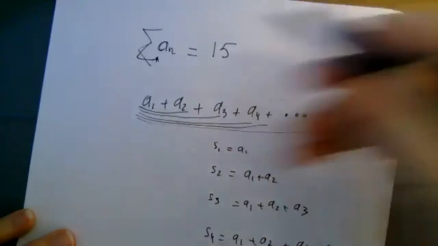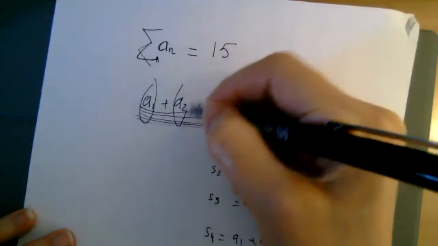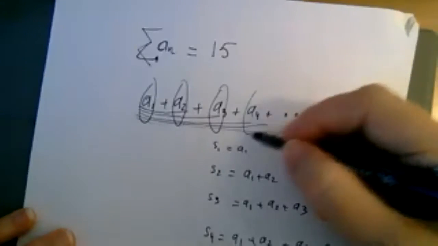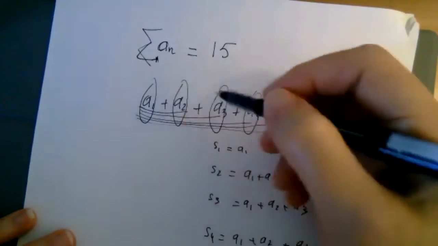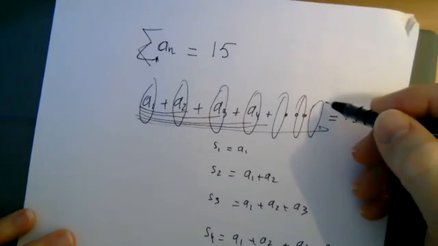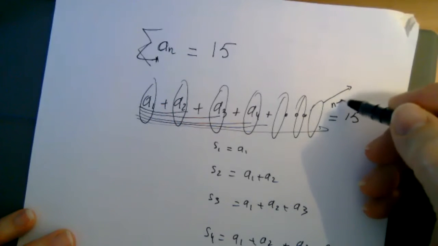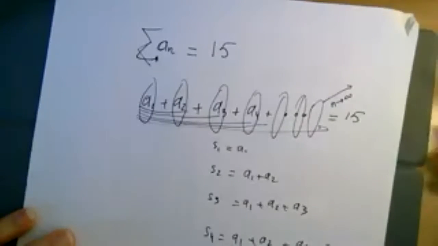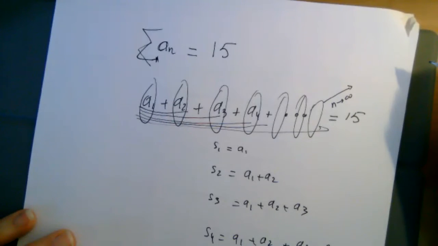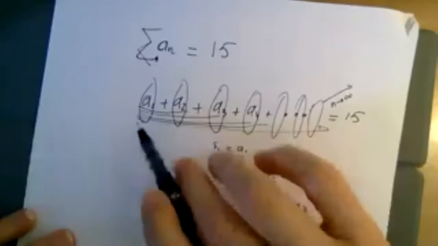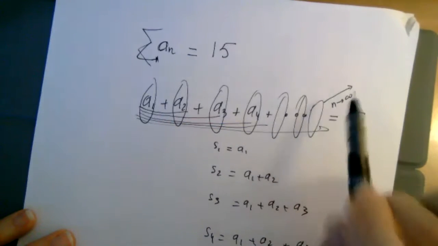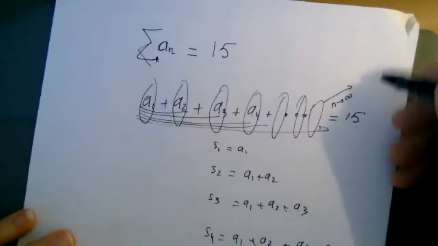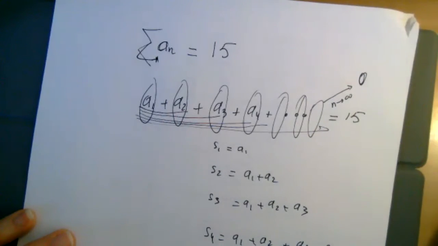But if this is the case, what can we say about the individual terms, a1, a2, a3, not the sum, those terms? What happens to them when n becomes very large? Please, I need an answer. Those terms have to become close to 0.